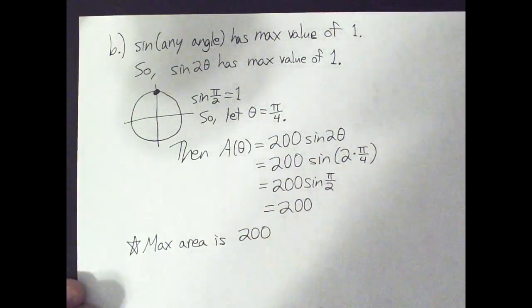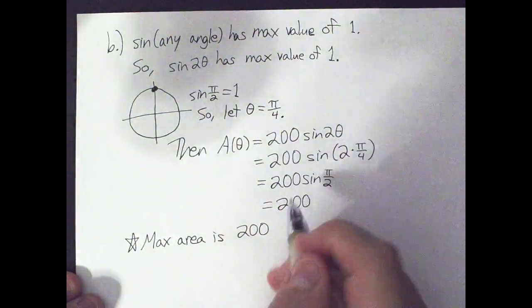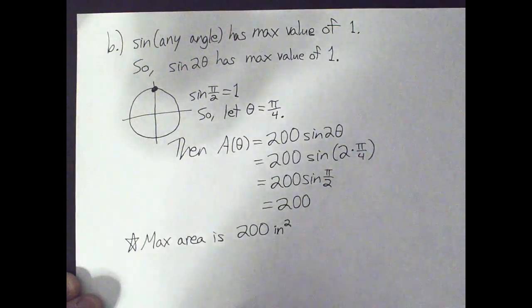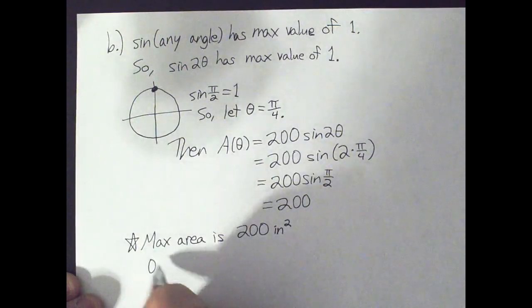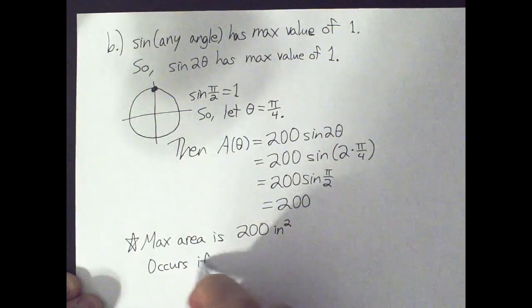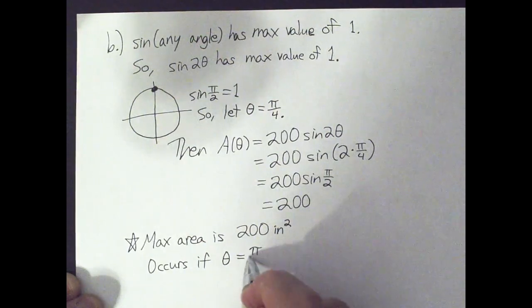And then I look back at the problem and I remember that the diameter was given in inches. So I'm going to say this is inches squared. And this occurs if the angle is pi over 4.